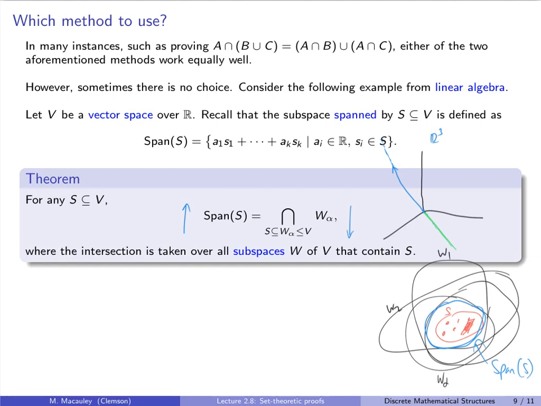But another way to think of it is as the intersection of the subspaces that contain this half line. R3 is one of them. Another one is this plane that I've drawn right here. Another one is this little crooked plane over there. And in fact, there are infinitely many planes that I can draw that contain this line.